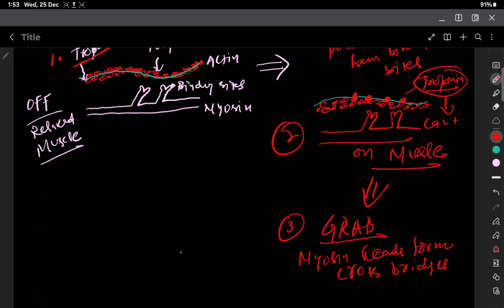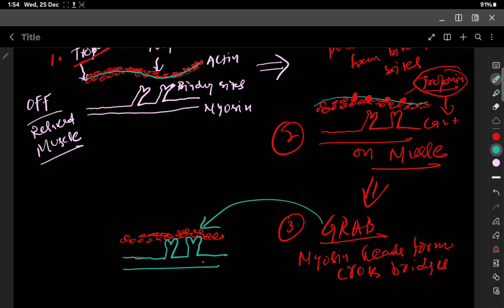You can see here, for example, again this is the actin, and now we have the myosin. See, they form the cross bridge with the actin. So this is called the grab. The myosin heads grab the actin. So this step is called the grab.